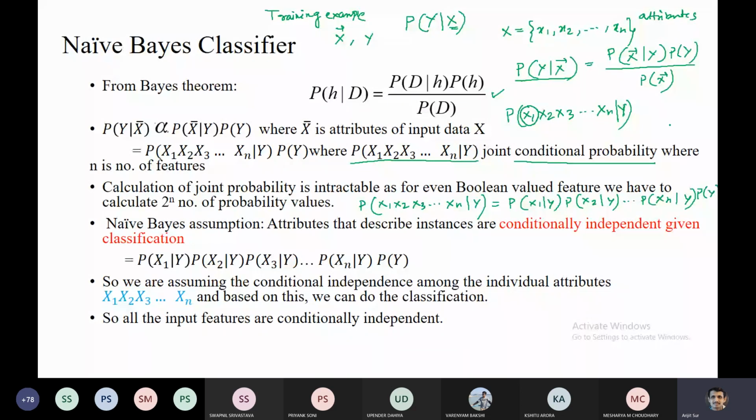This P of y is there somewhere. So we are assuming conditional independence. So this is called the conditional independence.